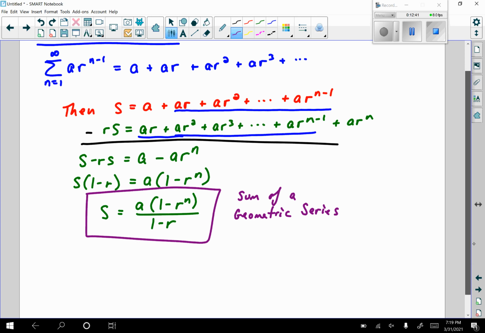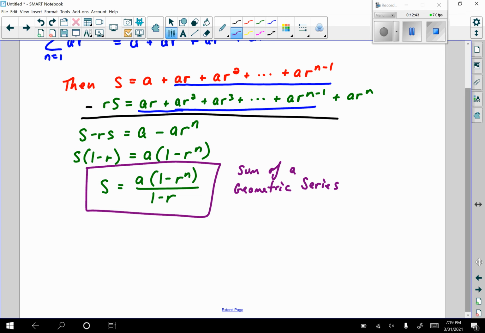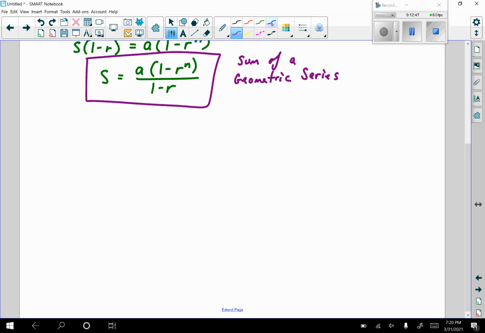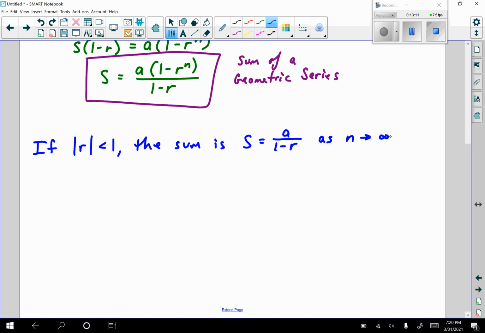Now there's some clues about this that can help us determine if the series is going to be convergent or divergent. So we'll say if the absolute value of r is less than 1, the sum is equal to a over 1 minus r as n approaches infinity.